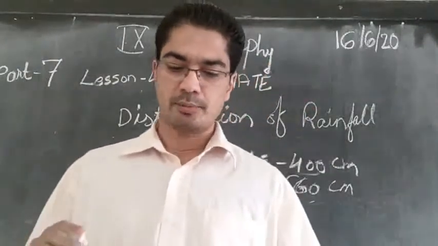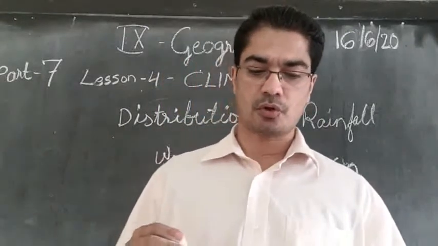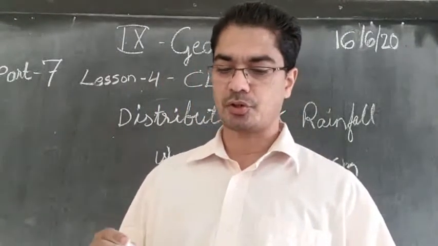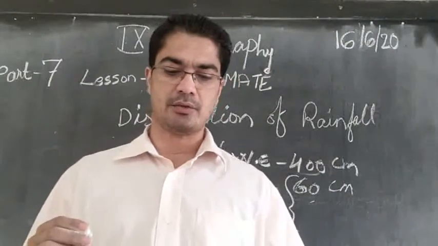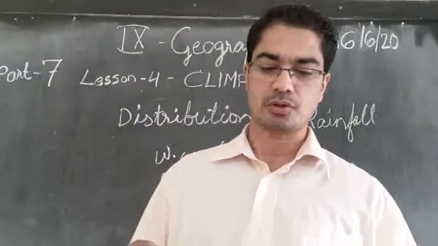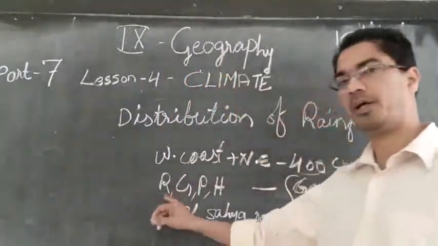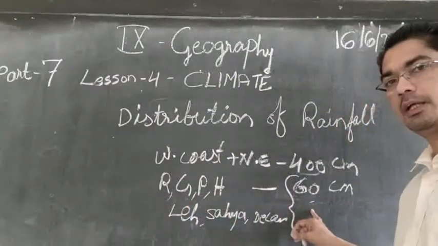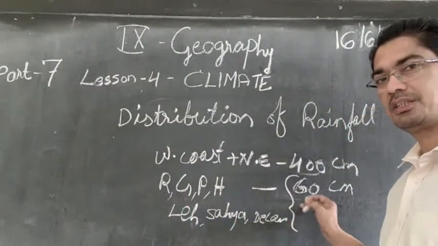Then variability is high in the regions of low rainfall such as parts of Rajasthan, Gujarat and the leeward side of the Western Ghats. These are the places where we said they receive very little rainfall, only up to 60 centimeters.